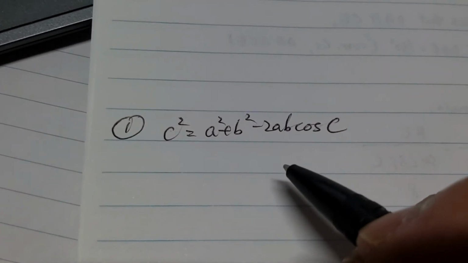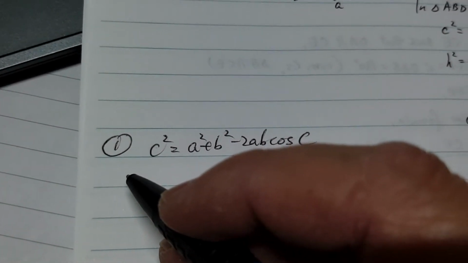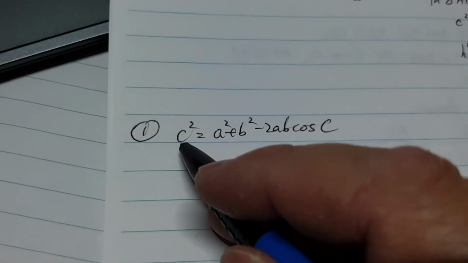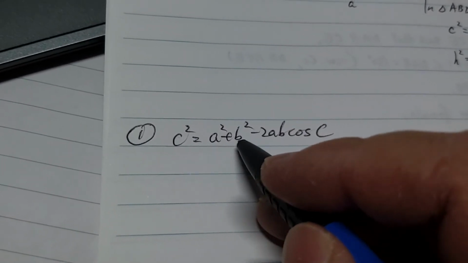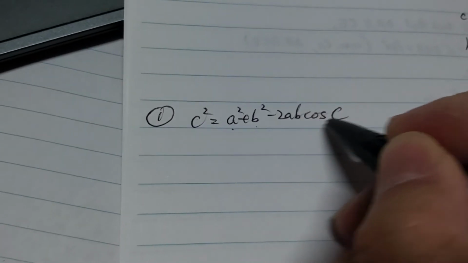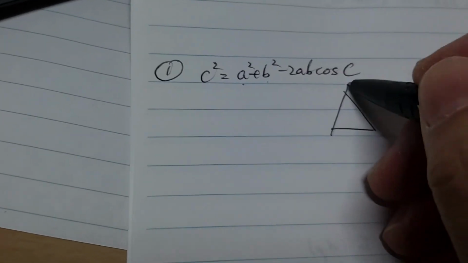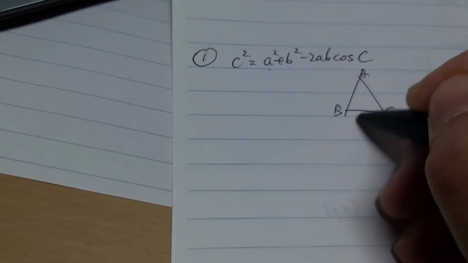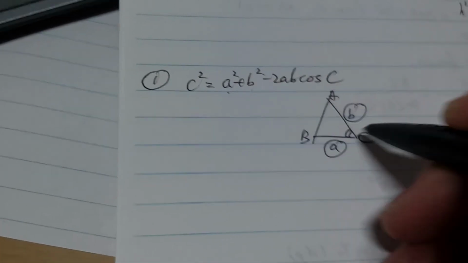So how do we use the first cosine formula? When we use this formula, we want to find the value of side c. So we need to first have the values of all these variables, which is side a, side b, and angle C. So on a triangle ABC, side a is here, side b is here, angle C is here.